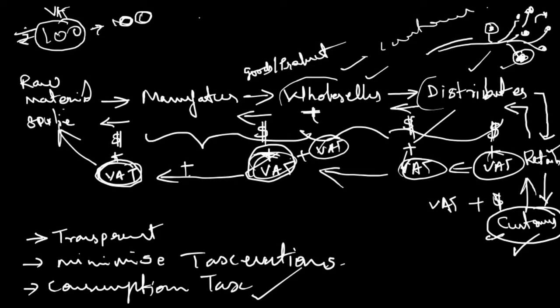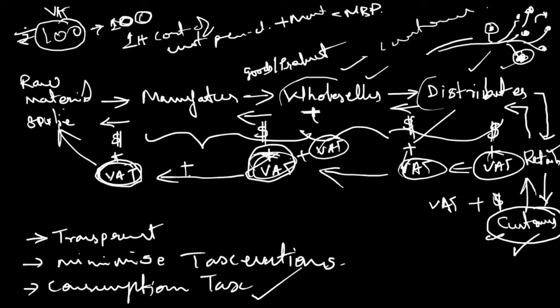I have paid tax for the raw material supplied, and I made 100 units, and I collect 1 rupee plus the cost of the unit produced, plus margin, my margin is equal to my MRP, that is the manufacturer's maximum retail price, from the wholesaler.